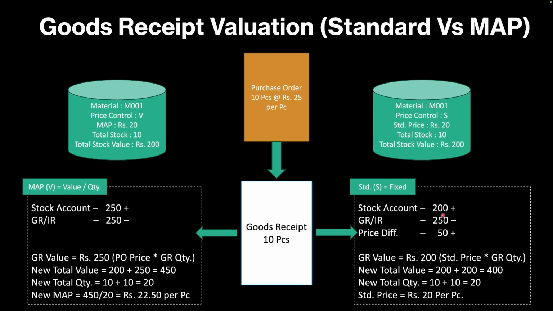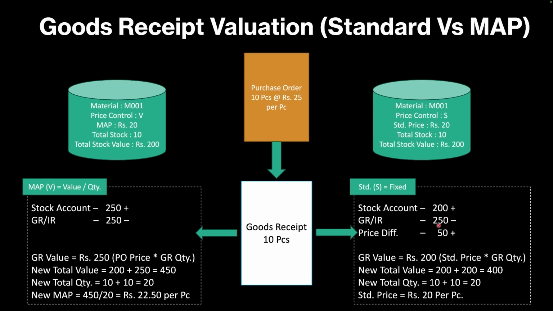And how much will system post in the GRIR account? System will post the PO value in the GRIR account, because this is the amount that you have to pay to the vendor. The purchase order has been placed at 25 rupees per piece and you are doing goods receipt for 10 pieces, so you have to pay the vendor 250 rupees, and hence system will post a GRIR entry of 250 rupees.